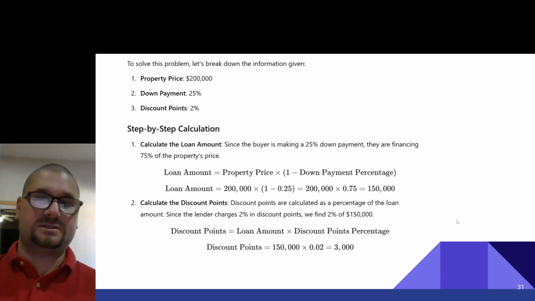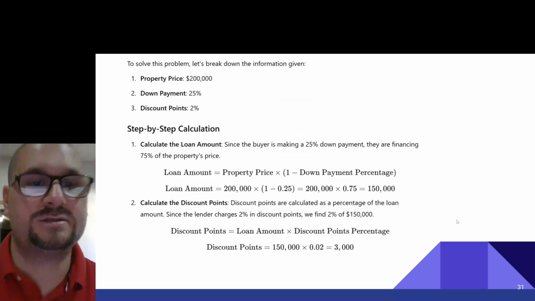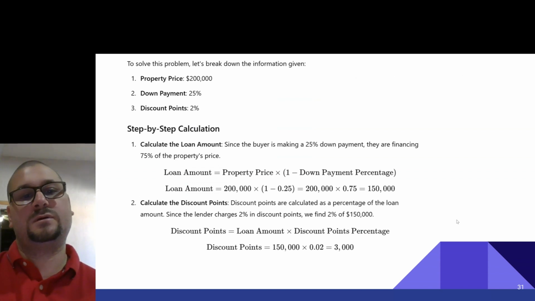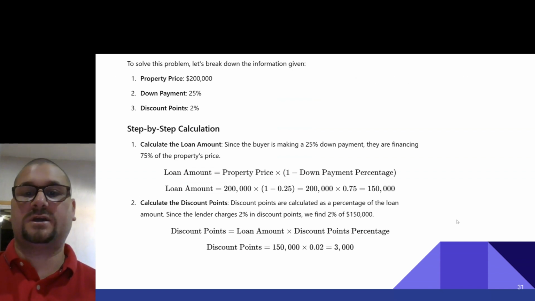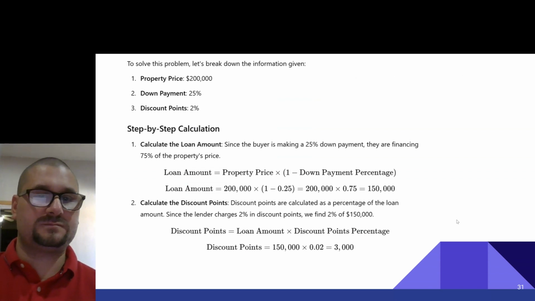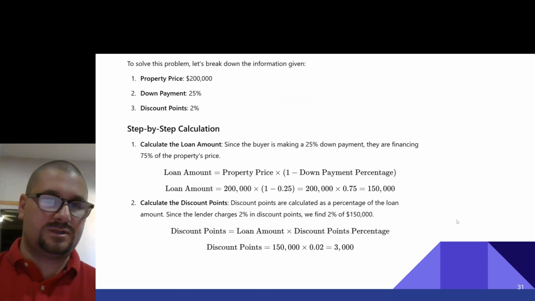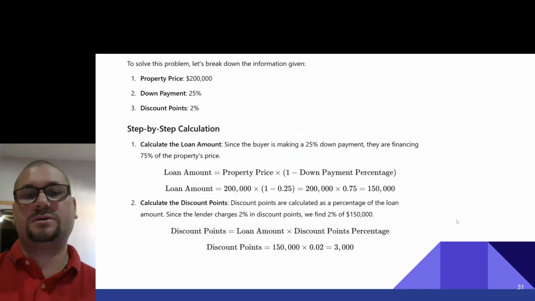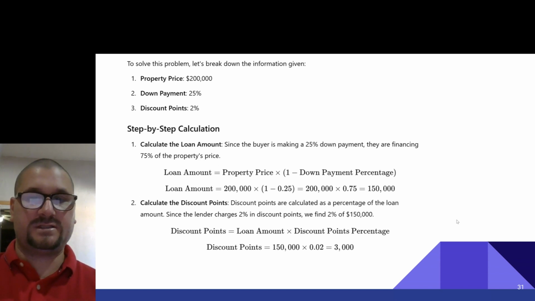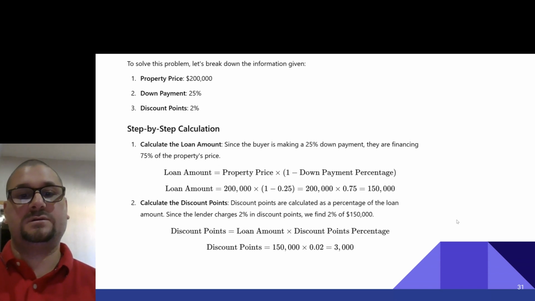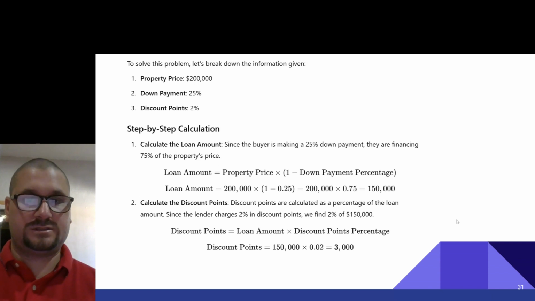So 200,000 times 75% is 150,000. That's the loan. So now you want to calculate the discount points. Discount points are calculated as a percentage of the loan. So the lender charges 2% in discount points. So 2% of 150,000. So that's $3,000.